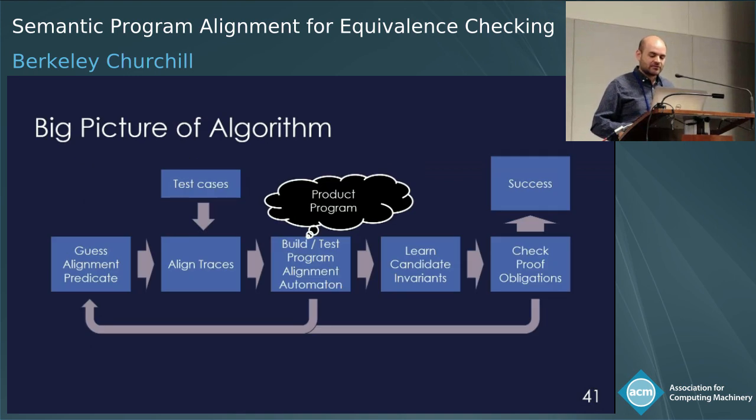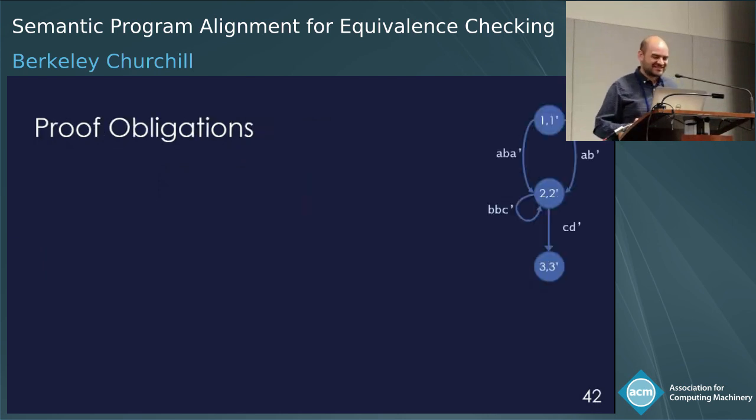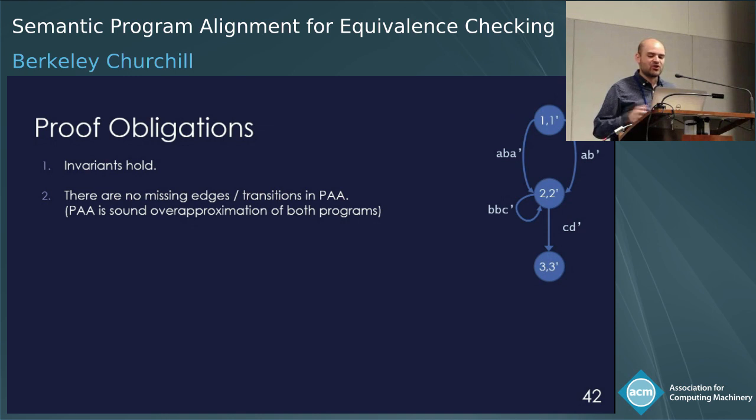So the big picture is that now that we've learned these candidate invariants, you can go ahead and check your proof obligations. Our proof obligations basically say that your invariants hold, and you also need to show that there are no missing edges in your program alignment automaton, that it's a sound approximation of both of your original programs.